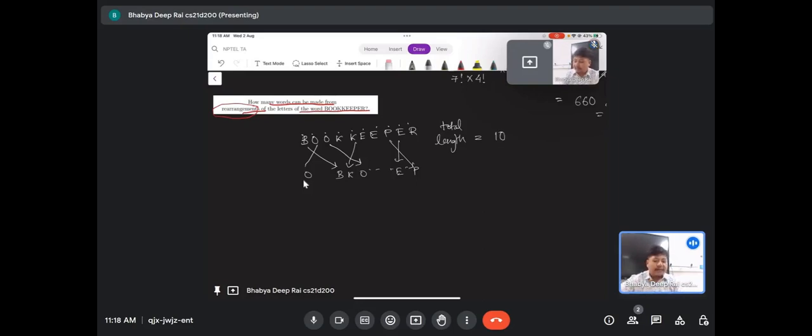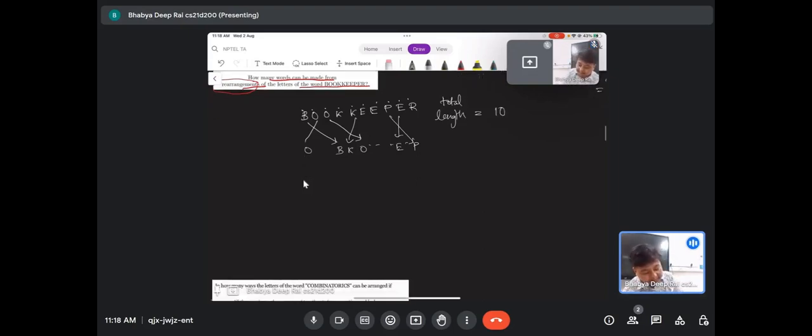So the total length is 10. So number of ways to rearrange any 10 letter or 10 elements, let's say, equals.